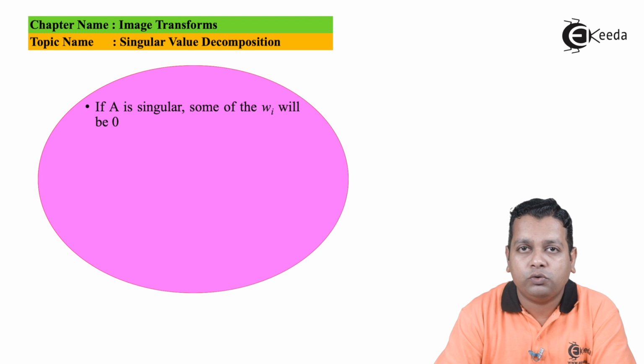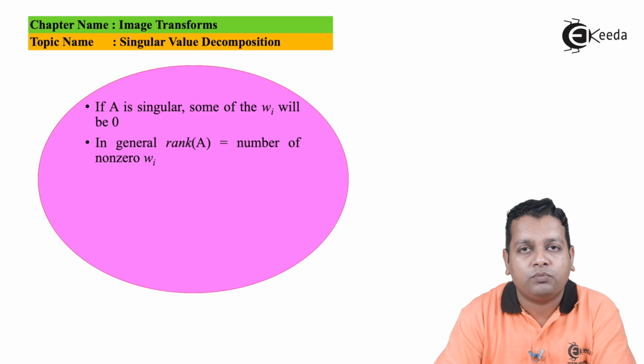In general, for a matrix, rank is very significant information. The rank of the input matrix A is the number of non-zero values of W suffix i, the diagonal singular values in the central matrix.